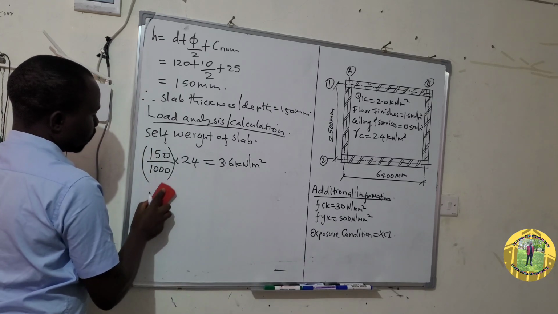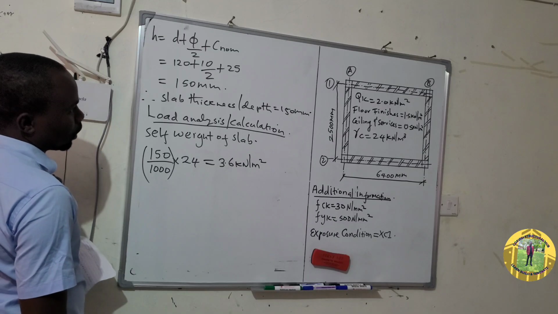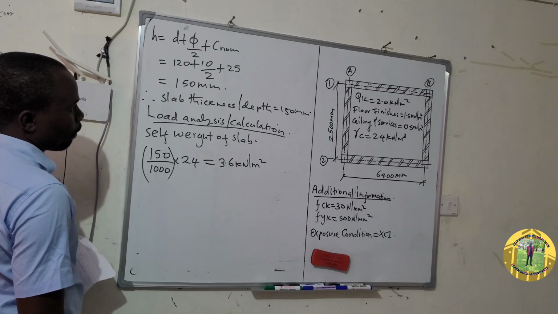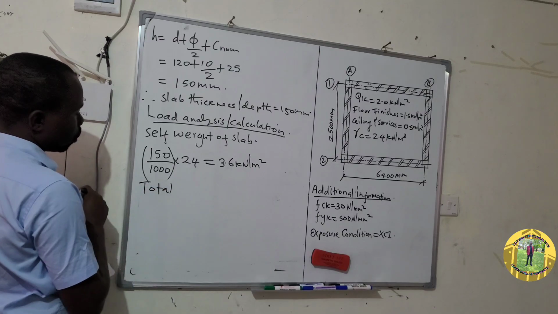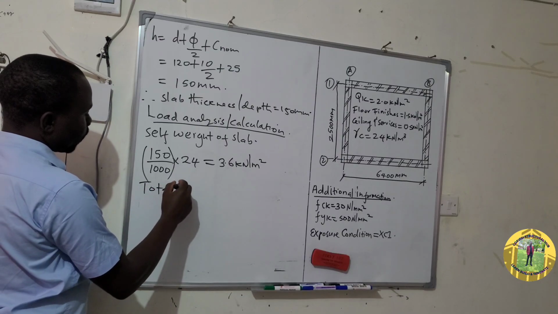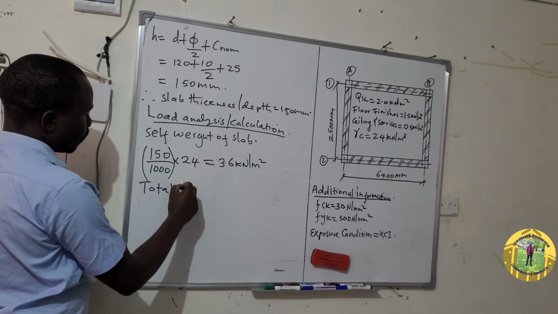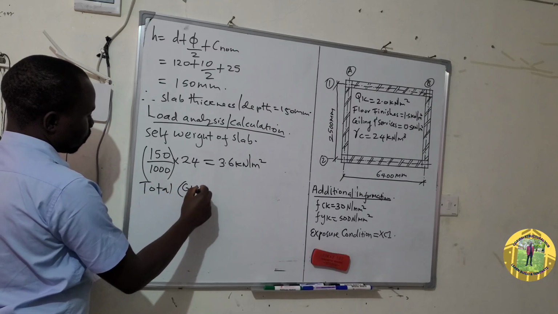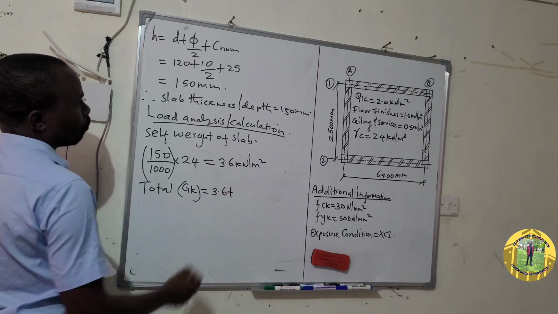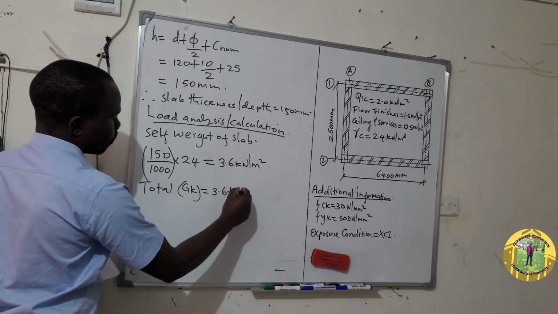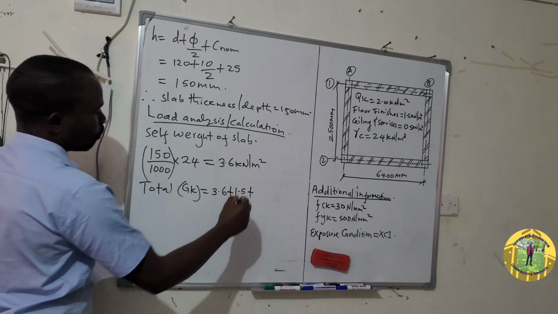And then from there, we have been told that the floor finishes is equal to 1.5 kilonewton per meter square. So total permanent action, which is GK, is equal to 3.6 plus floor finishes, which is 1.5, plus ceiling and surfaces 0.5.